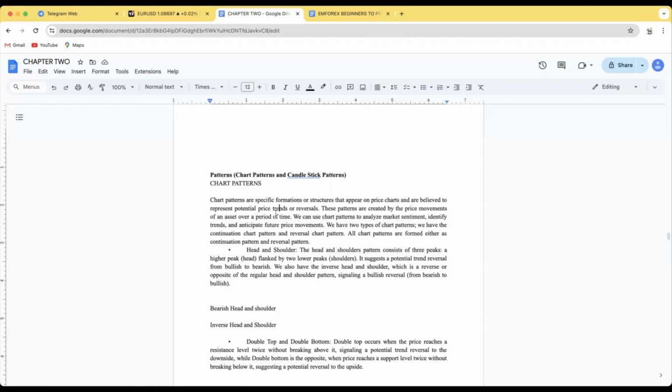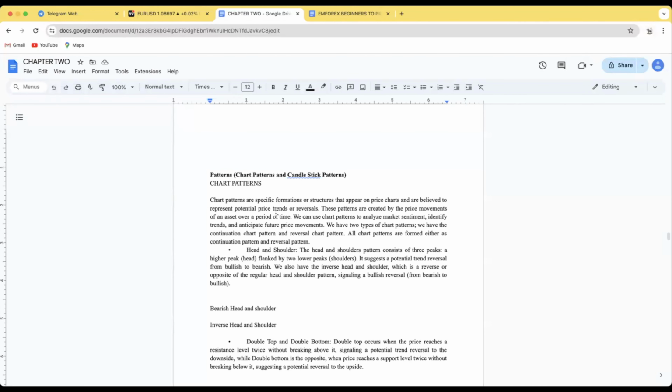Now there are patterns, and I will be naming these patterns for you. We have the head and shoulders. Just as the name implies, head and shoulders patterns consist of three peaks: a high peak, which is the head, flanked by two lower peaks, the shoulders.